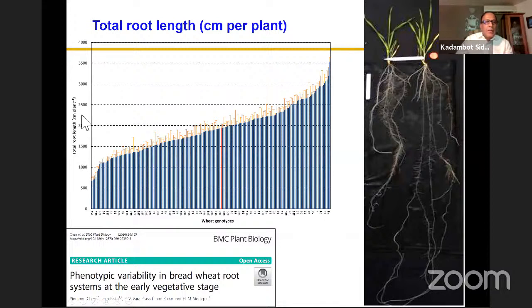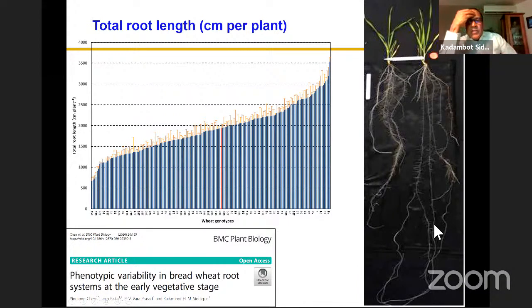The total root length, in centimeters per plant, you can see this genotype is sitting somewhere here, 550, and look at that, something about 3,500. Sometimes people say that if you have a smaller above ground, then you have a smaller root system. Yes, that may be true, but in this case, both are more or less similar. And look at the prolific formation of the roots, both the nodal and seminal roots in the wheat system.